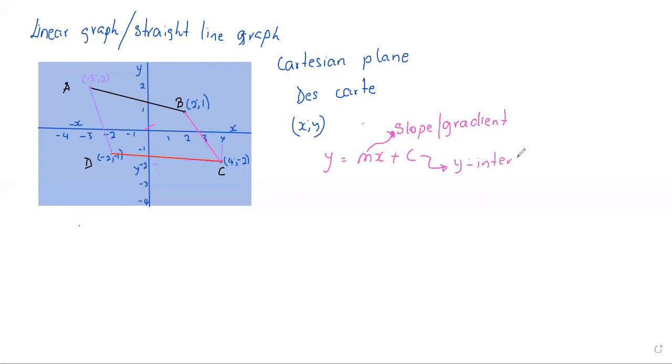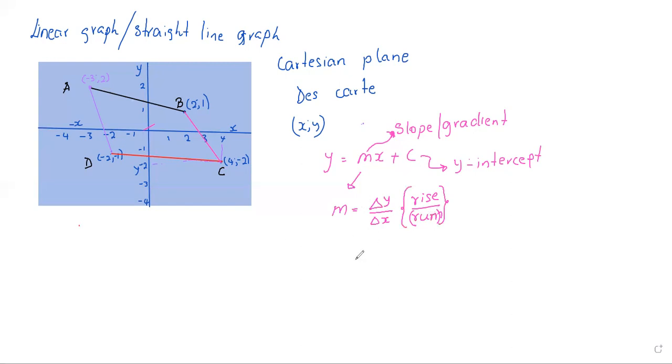That is where the graph cuts the y-axis. Now, of interest is m, which is the slope. The slope is given by change in y divided by change in x. Some people call it the rise divided by the run. We'll look at this later.